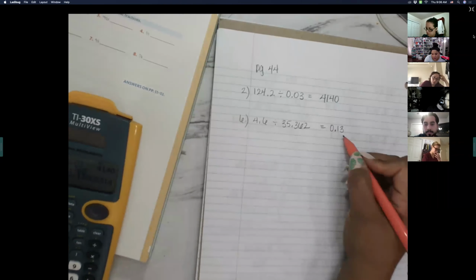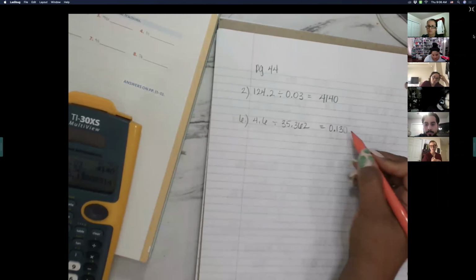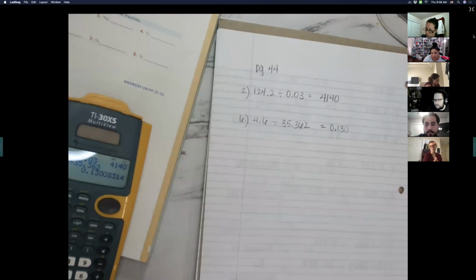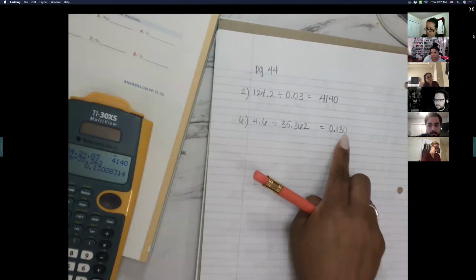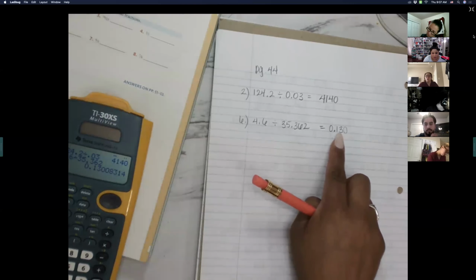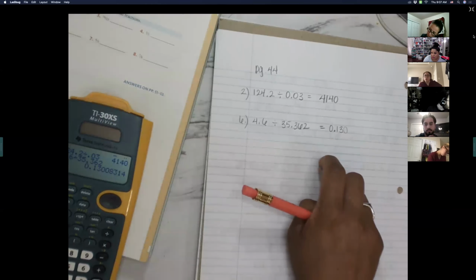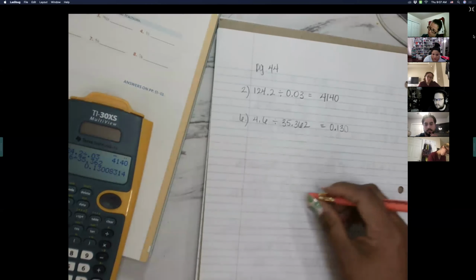So if I put the 0 there, your answer isn't technically incorrect. However, if you put the 0 there in your med math exam and they specifically told you to round to the hundredths place, you're going to get 0 points on that question. Okay? So be careful after rounding.